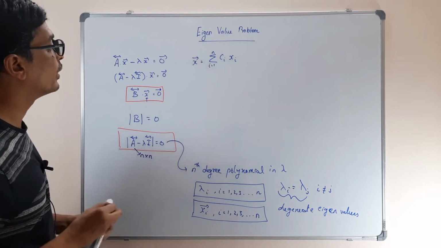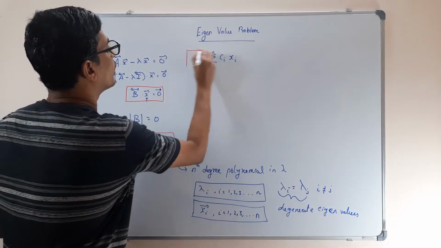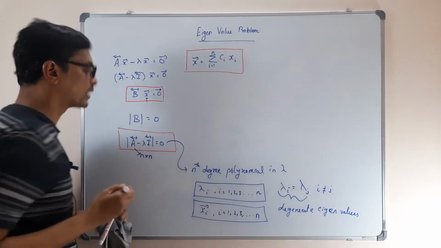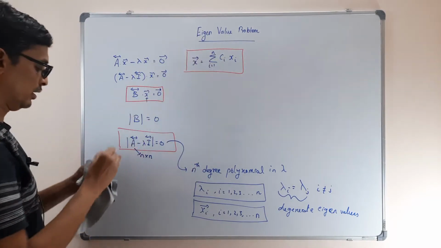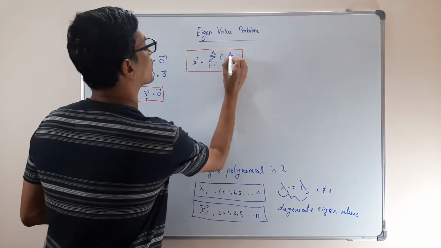This is the way we can use eigenvectors as base vectors and represent any vector. Sorry, I have to write here that this is a vector.